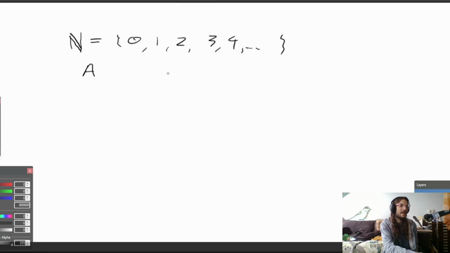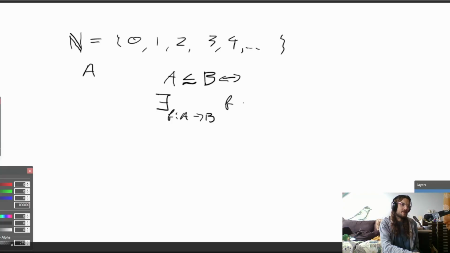We do it as follows. We say that a set A is smaller than or equal to, and I'm going to use a little squiggle to emphasize that this is not the same as comparing numbers, a set B if there exists a function from A to B where f is injective.